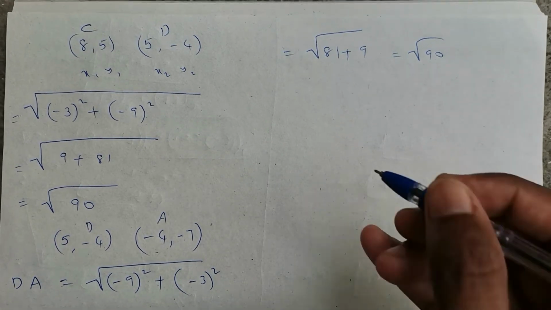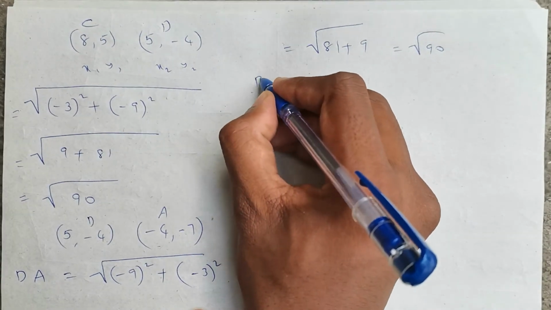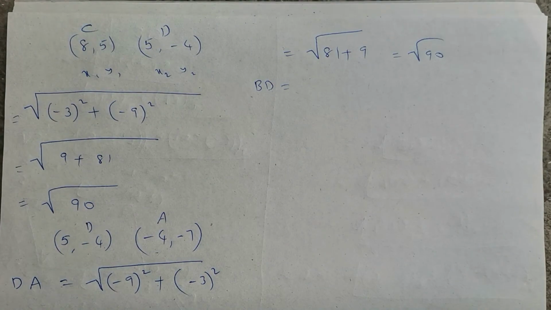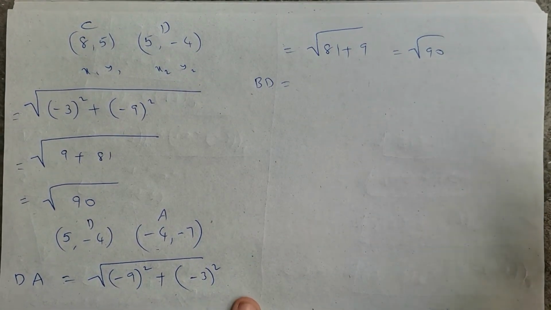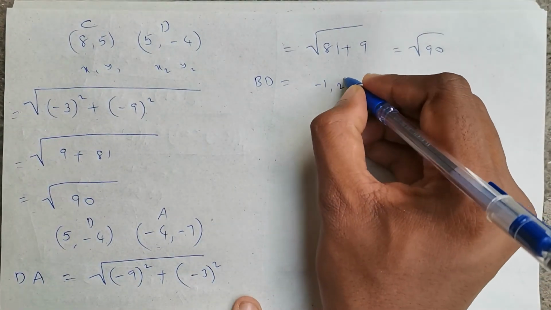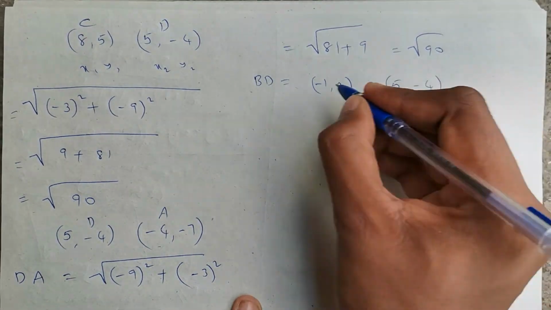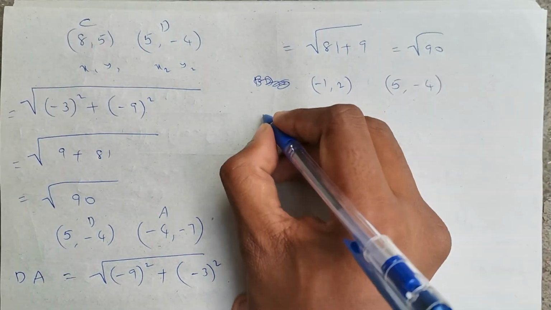Now let us find the diagonals. One of the diagonals is BD. Point B is minus 1 comma 2 and point D is 5 comma minus 4. So let us find the distance between these two first.